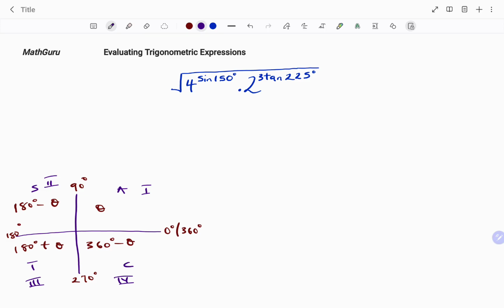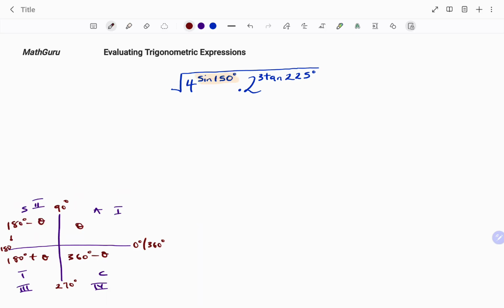I start with sine of 150 degrees. If you check the angle 150 degrees, that falls in the second quadrant because it's greater than 90 but less than 180. The reduction code for that will be sine of 180 degrees minus theta.